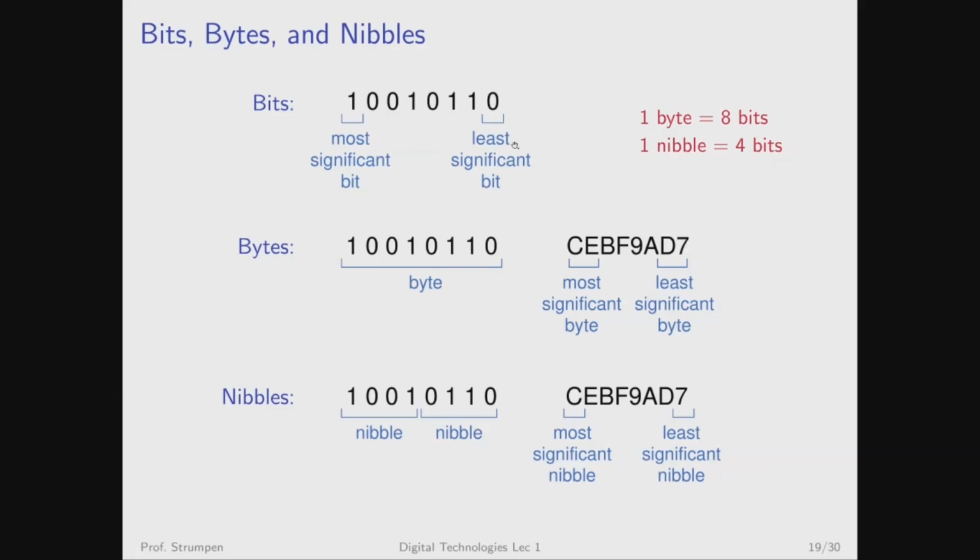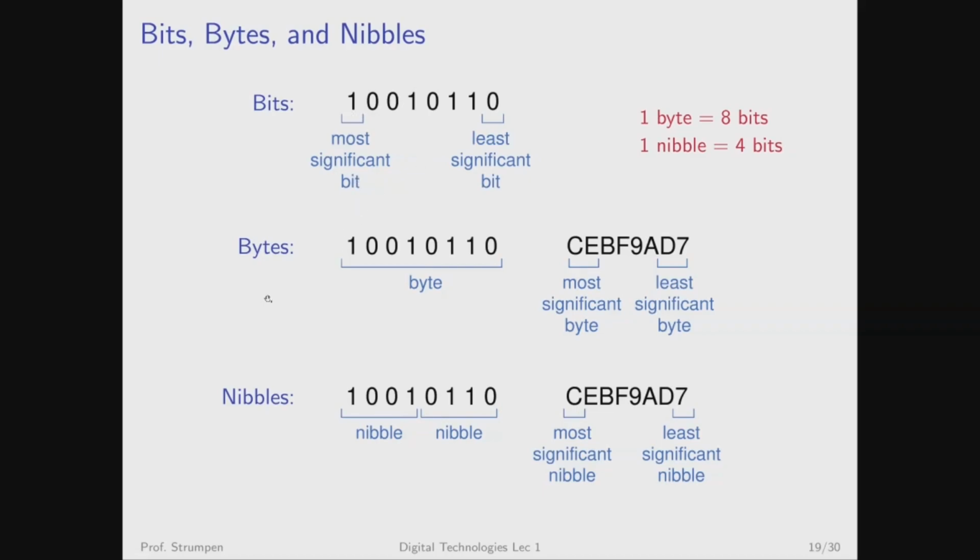And the least significant bit of that 1 byte is associated with position 2 to the 0, right? The most significant one is associated with position 7 and weight 2 to the 7. So we call these 2 distinguished ends the least significant bit, or LSB, and the most significant bit, MSB.